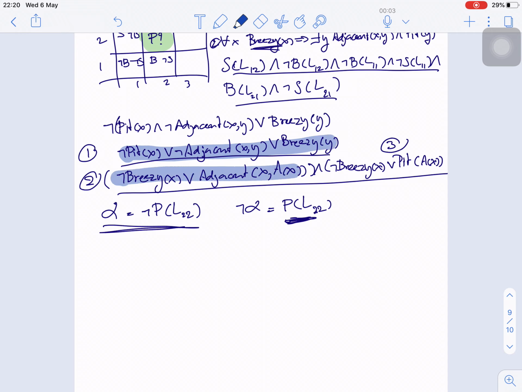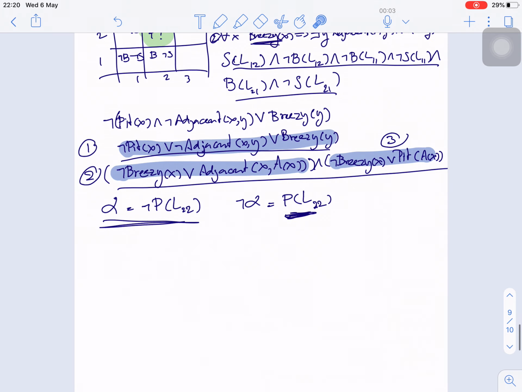You don't need to use the whole sentence, because once you have the AND operator here, you can separate the sentences and prove it later.